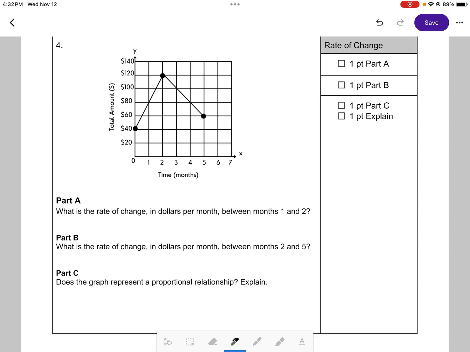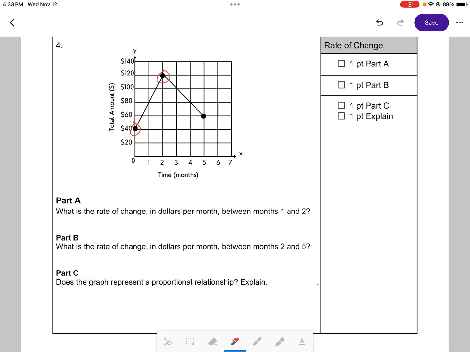And then the last one, number 4, part A says, what is the rate of change in dollars per month between months 1 and 2? Okay, so I'm going to mark months 1 and 2. Rate of change and slope, remember, are the same thing. So I'm going from this point to this point, and I need to figure out the rate of change in dollars per month. So I go from $40 to $120.